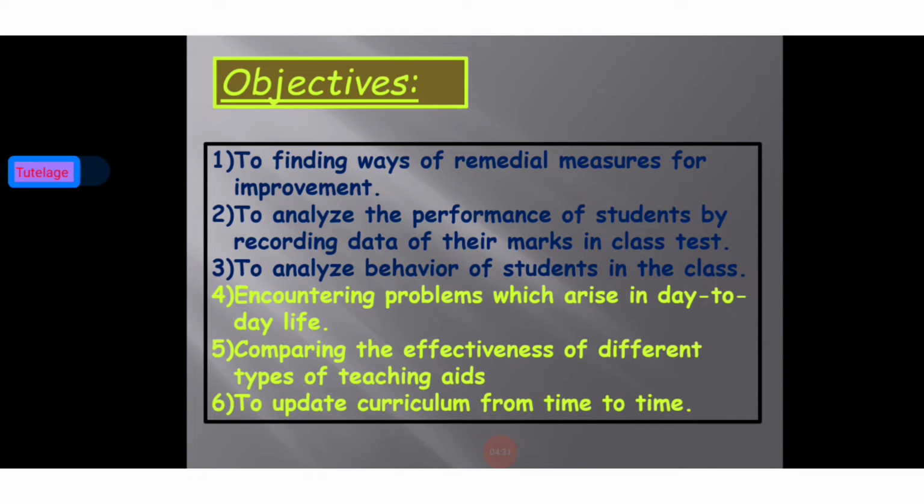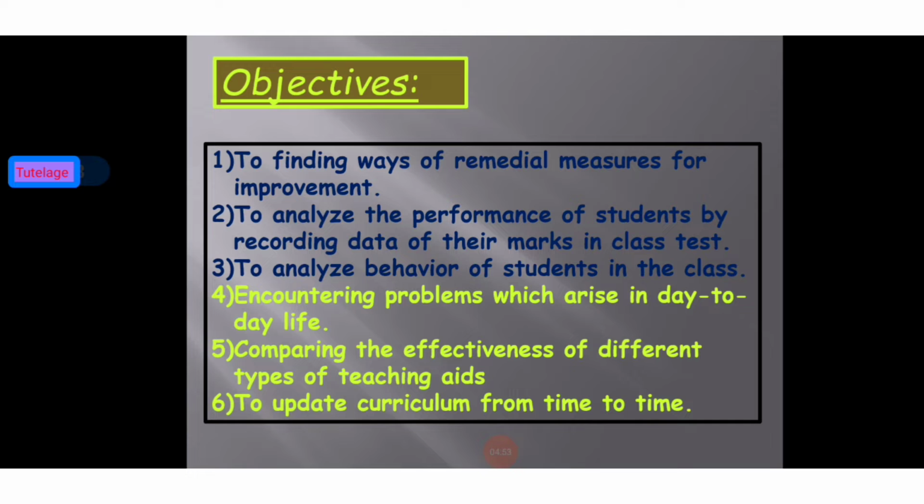So here we can see some objectives of research. Research objectives are usually specified on the basis of the topic of research, and these are based on the goals which the researcher wants to achieve or the information which they want to extract from the data.